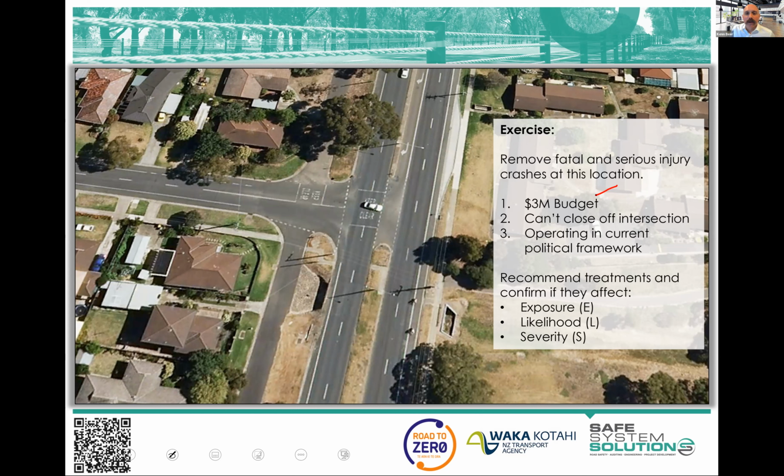So you've got this budget of $3 million. Another constraint you've got is you cannot close this intersection, because I know some of you are thinking, we just went through the Monash University Accident Research Centre's ideas, fewer vehicles and fewer intersections, can we just close this off?